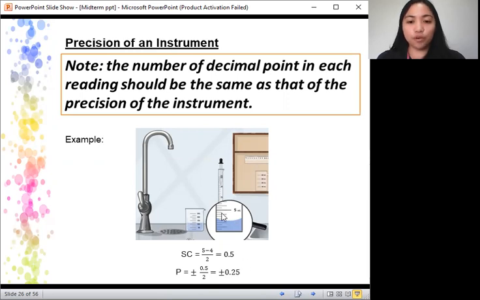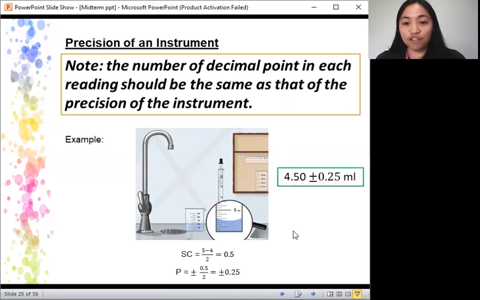So how will you report your measurement or your reading in this graduated cylinder? For example, what is the reading of this water? That is 2.5. So not only 2.5, but you put 2.50 plus minus 0.25. Okay?